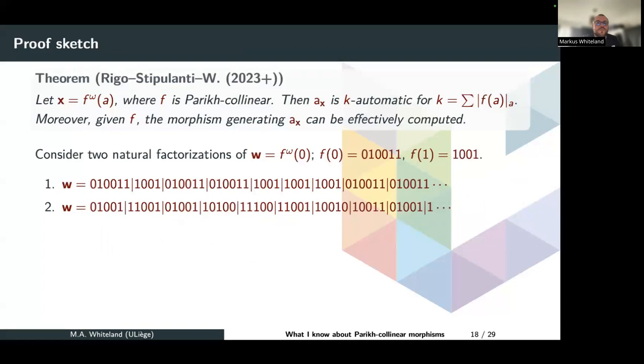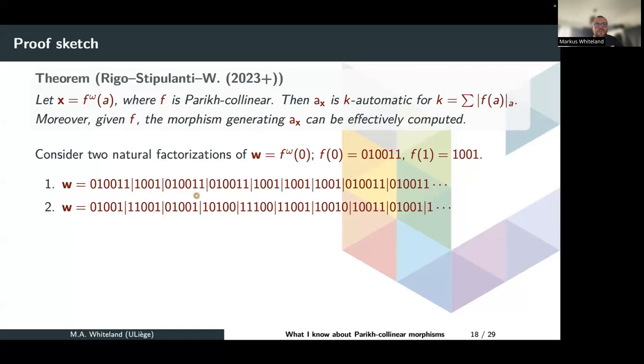So I'm going to go through a proof sketch of this theorem, stating that the abelian complexity function is going to be k-automatic. And the idea is the following. We have the fixed point of the morphism, which has the nice property that it is Parikh-collinear. But we also have the property that it's 5-automatic. So here we have these two factorizations.